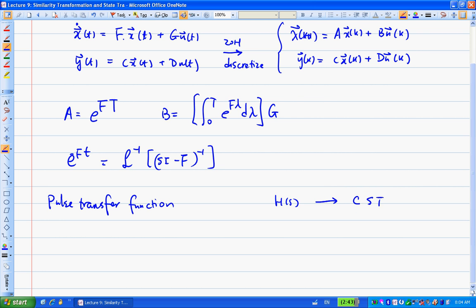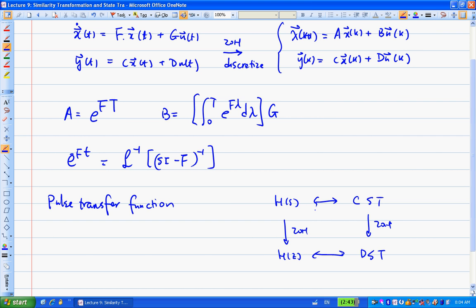And the continuous state space model also can give us a discrete state space model. And H of s can give us, through zero-order hold, H of z here. So this is zero-order hold and zero-order hold, and these two are the pair here.